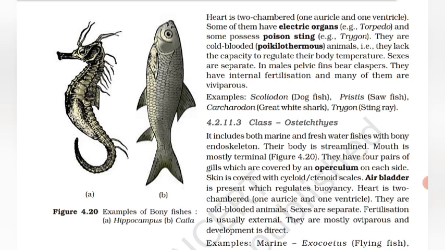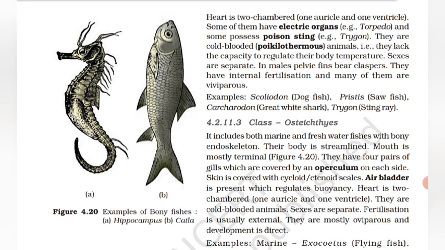They are oviparous and development is direct. Examples of Reptilia are Chelone, turtle, Testudo, tortoise, Chameleon, tree lizard, Calotes, garden lizard, Crocodilus, crocodile, alligator, Hemidactylus, that is wall lizard, poisonous snake, that is Naja, cobra, Bungarus, that is krait, Vipera, that is viper.